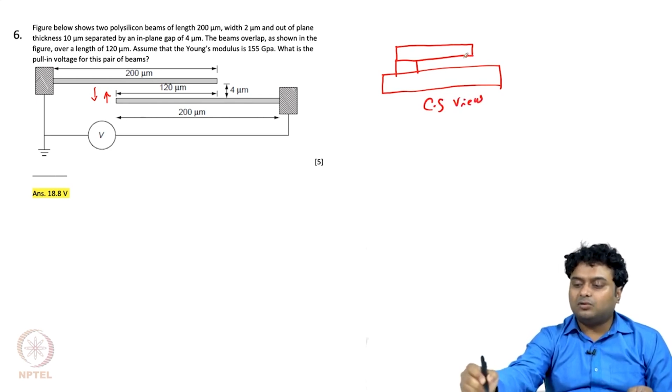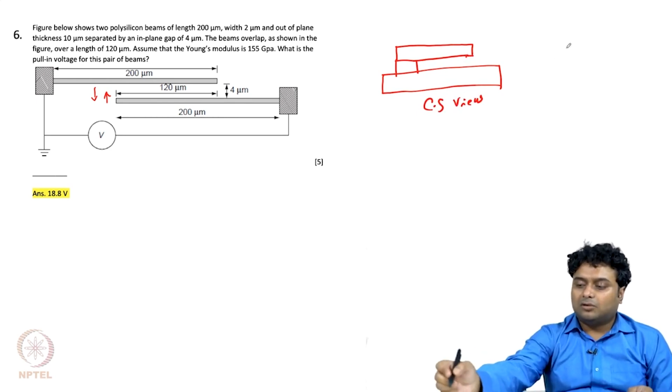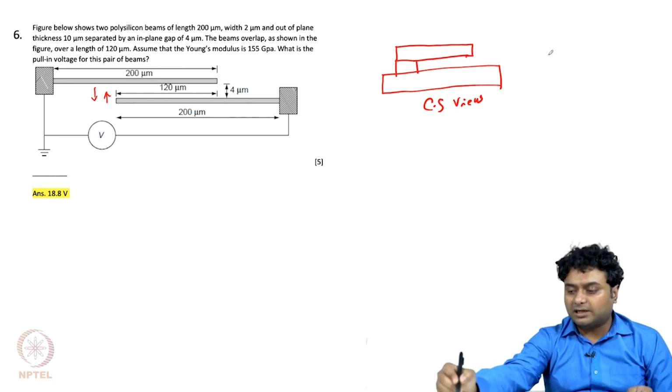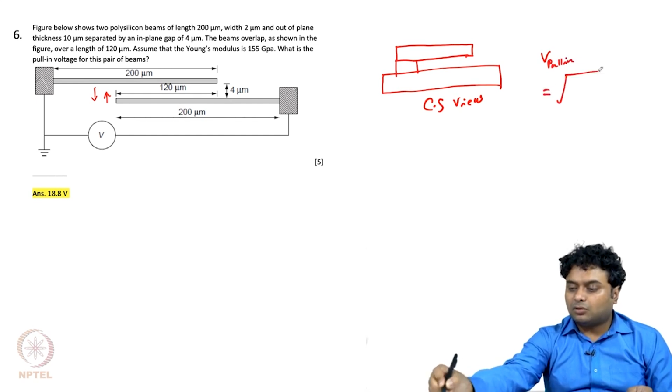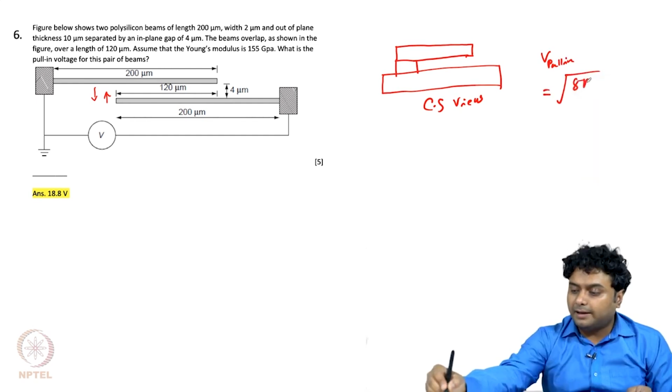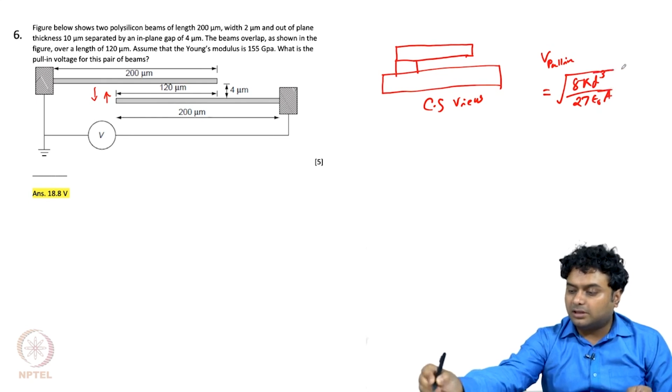For a simple cantilever we have already calculated and we know the formula of pull-in voltage, that V pull-in is equal to square root of 8k d cube divided by 27 epsilon naught A for a free space, right, there is no dielectric.